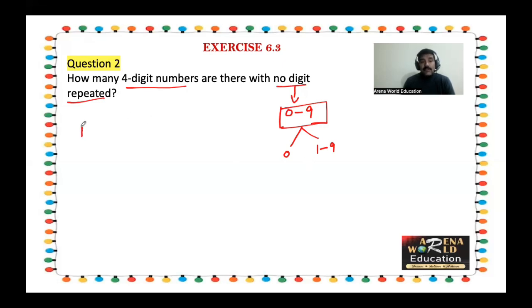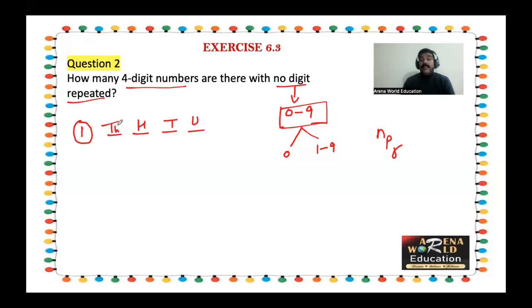Let us solve this question by using the first method, and together I will tell you how we apply the nPr formula. If we talk about a 4-digit number, these are the 4 places. Here we have to be very careful: the unit digit is this one, then the tens digit, the hundreds digit, and this is the thousand digit.